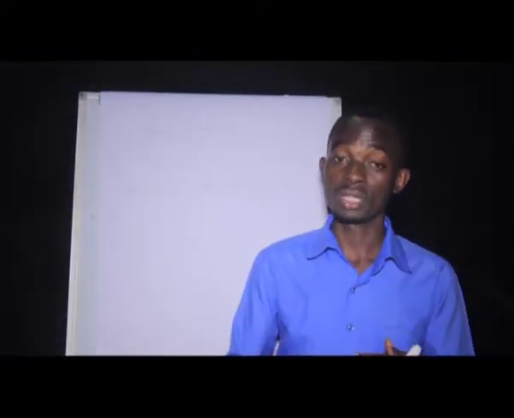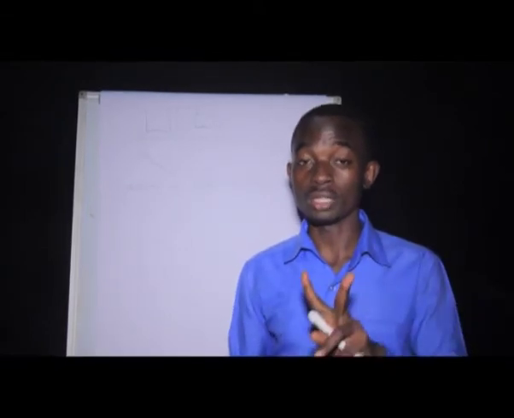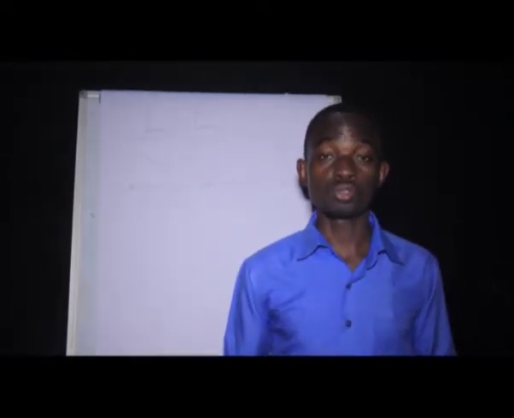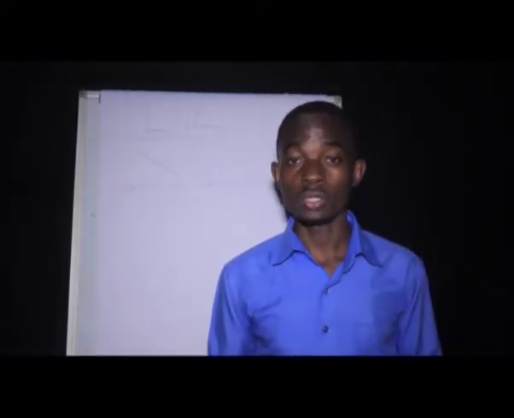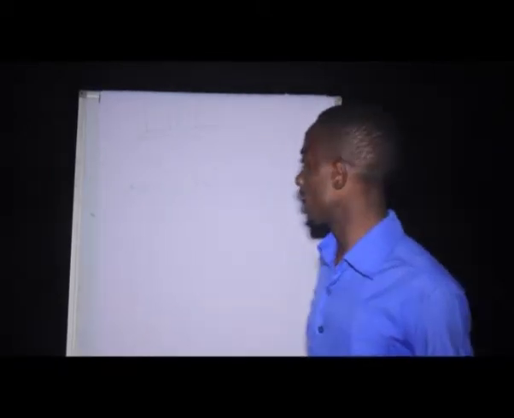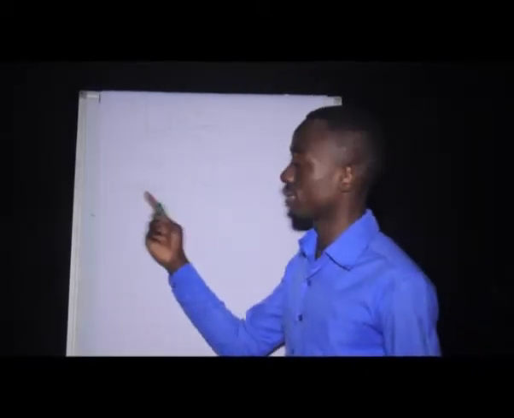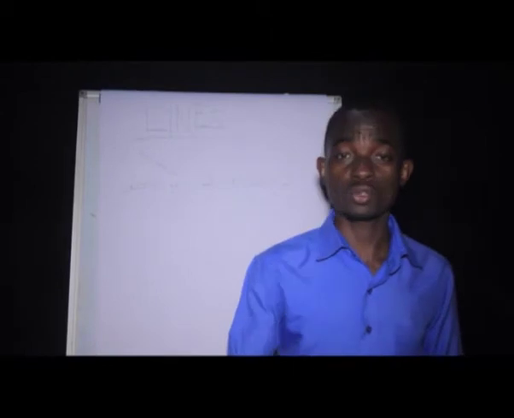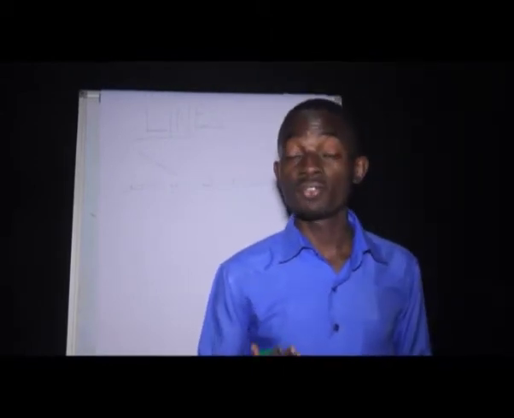A coordinate consists of two points, the x point and the y point. Like I already said, the equation x is equal to 4 is the set of all points whose x coordinate is equal to 4.